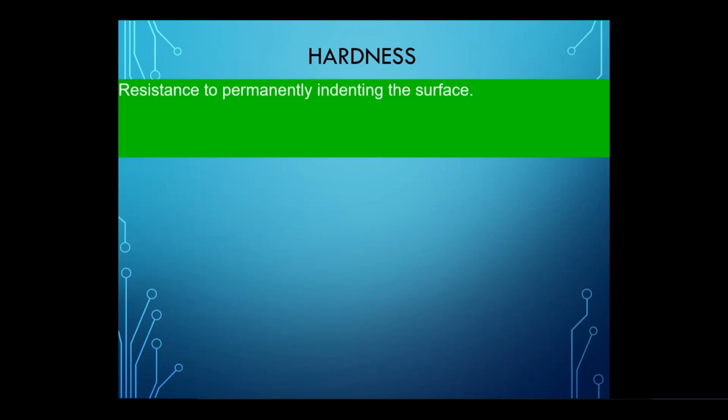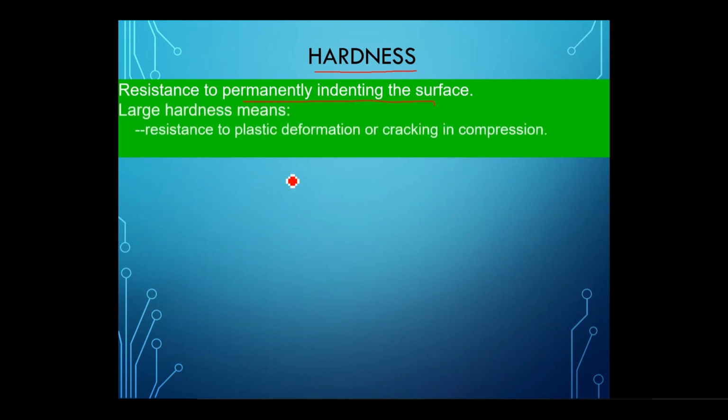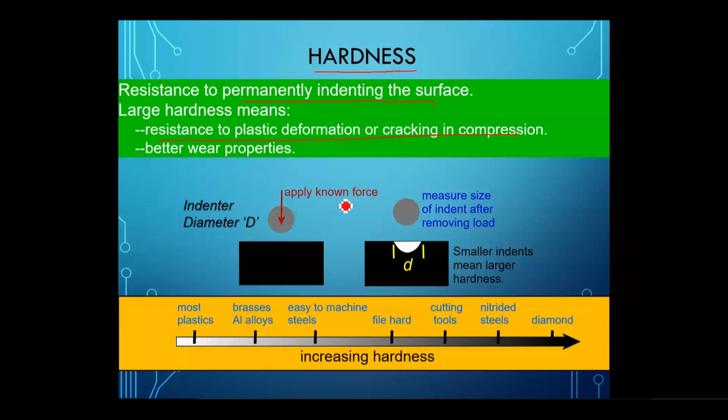Last part is hardness, which is resistance to permanently indenting the surface. Large hardness means greater resistance to plastic deformation in compression and better wear properties. So how do you measure the hardness?